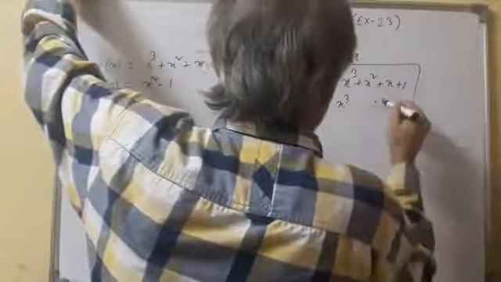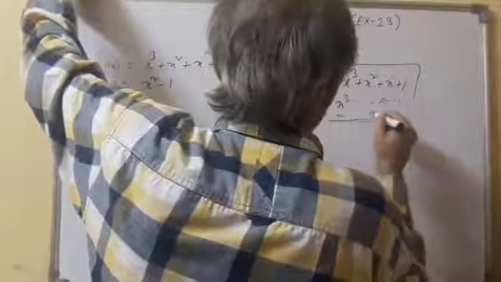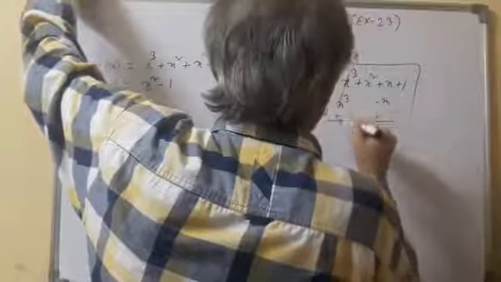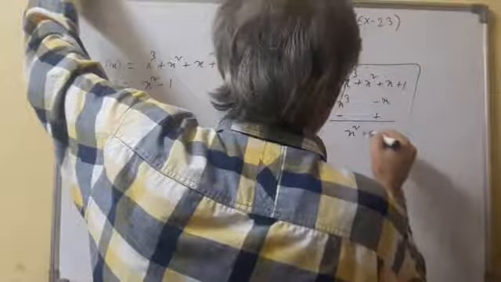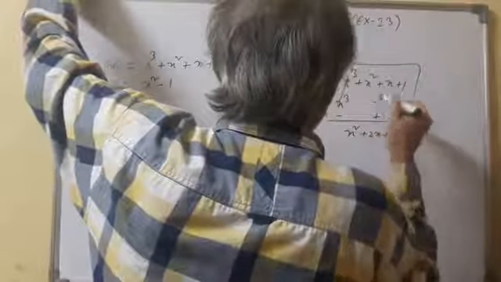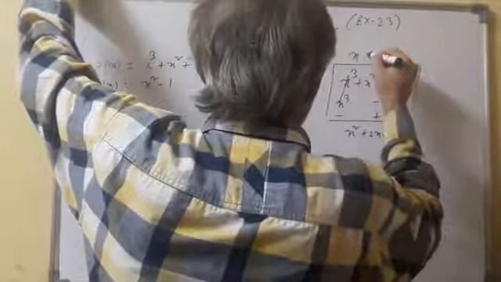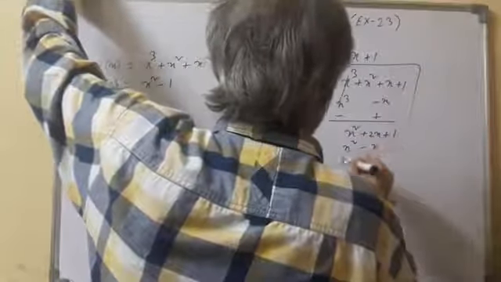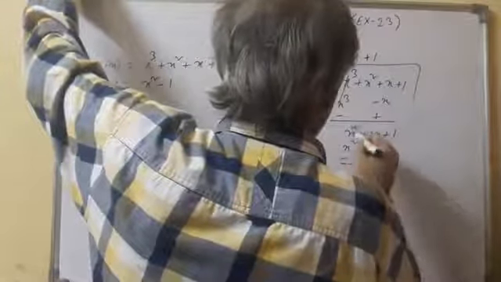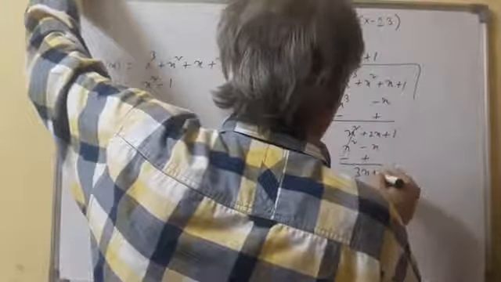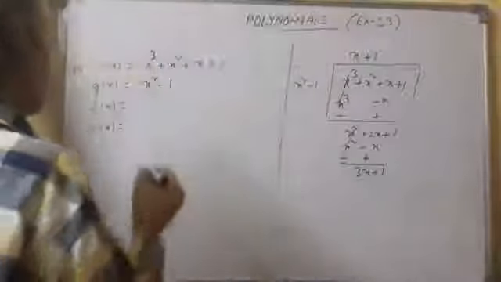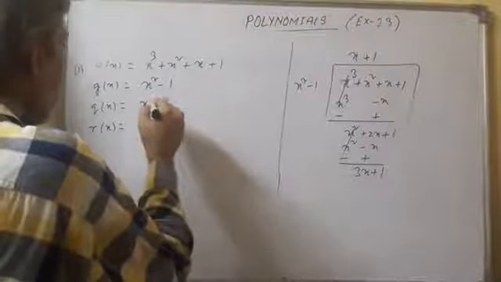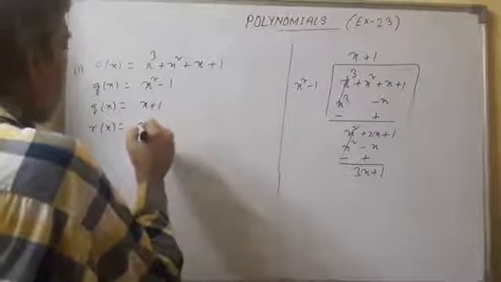Like terms, so we are getting q(x) as x + 1 and r(x) as 3x + 1.